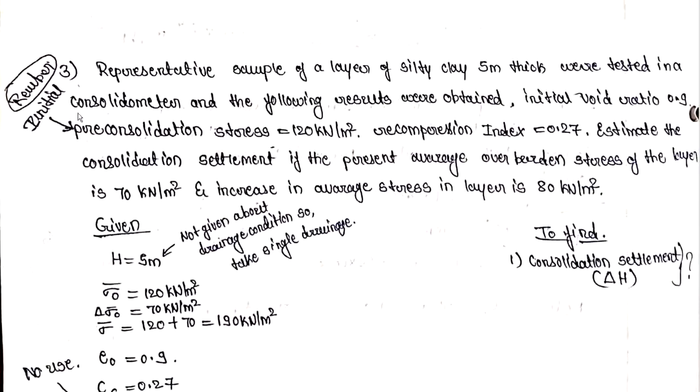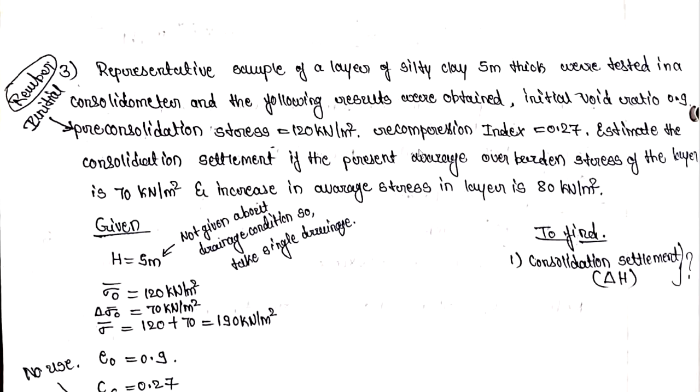So what is the meaning of pre-consolidation stress? Pre-consolidation stress is the initial stress, the stress at the beginning, at which we have not applied any load. So the pre-consolidation stress or initial stress is equal to 120 kilonewton per meter square.